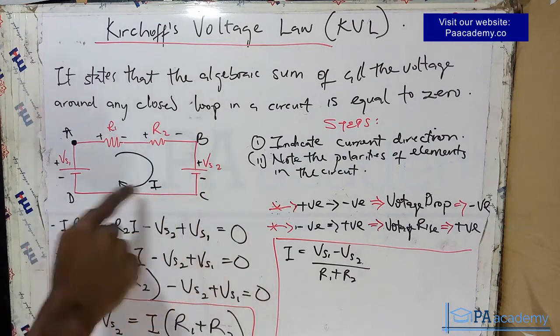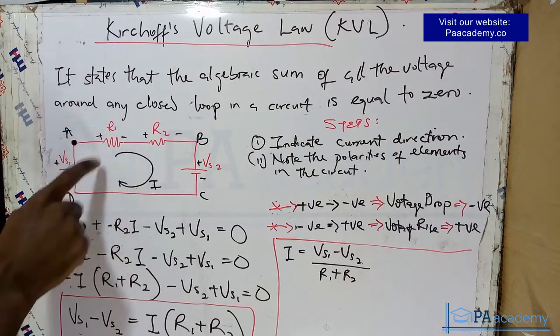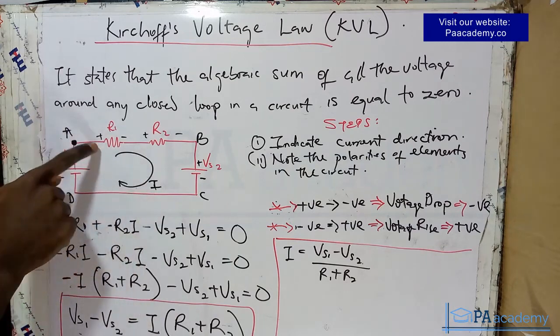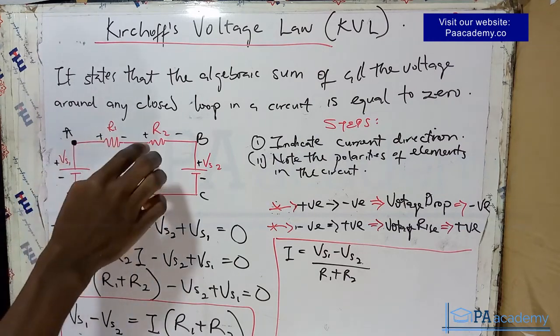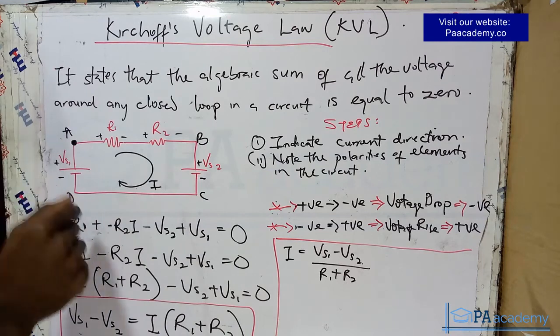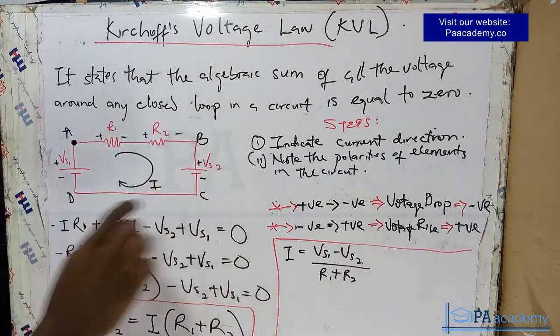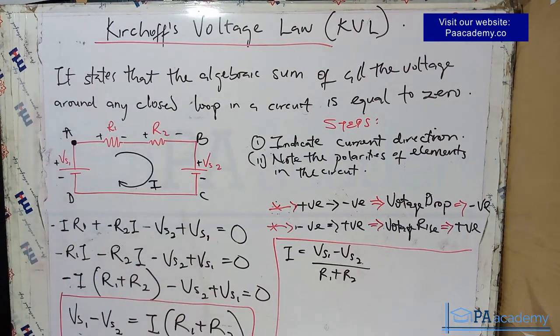Same thing applies here. Now for the other elements, it is the direction of the current that will determine the polarities of the elements. For example, in a clockwise direction, it goes from positive to negative. When that is done, you start to calculate the voltage across each of those elements. Once you add them up together, you equate them to 0, and then you'll be able to go ahead with your calculation.